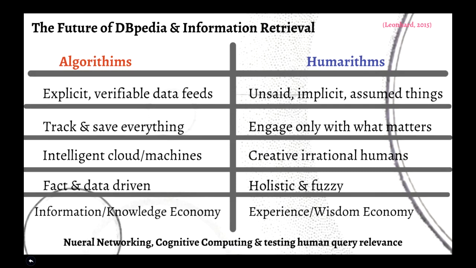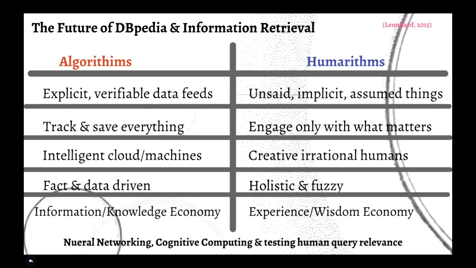So the semantic web, to be realized wholly and truly, has to be a balance, a continuous and evolving balance between algorithms and human rhythms. Explicit verifiable data feeds might come from algorithms, but humans might have unsaid, implicit, assumed things.